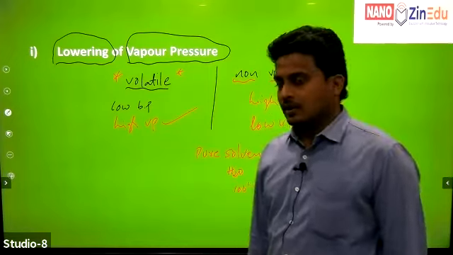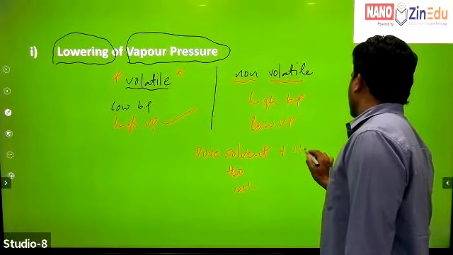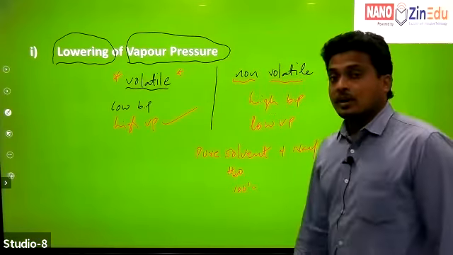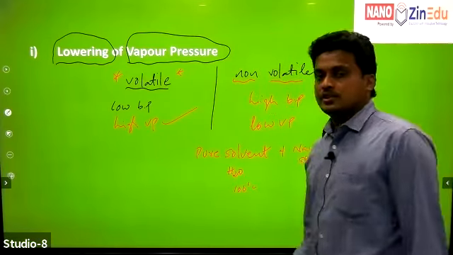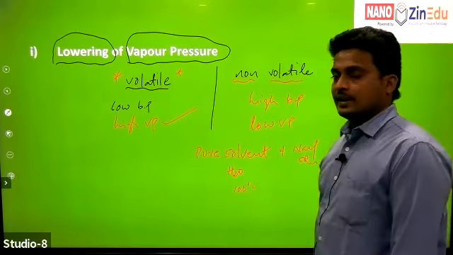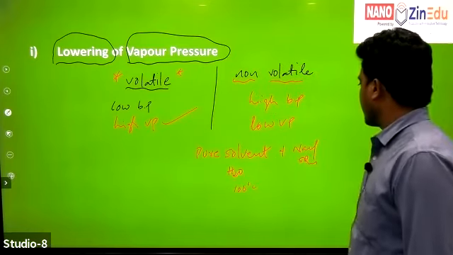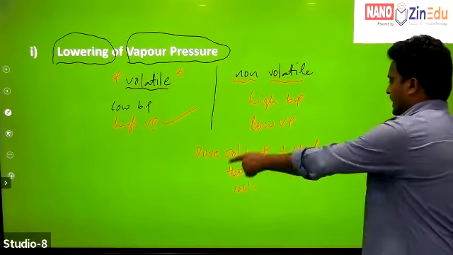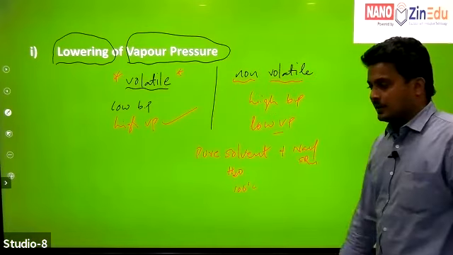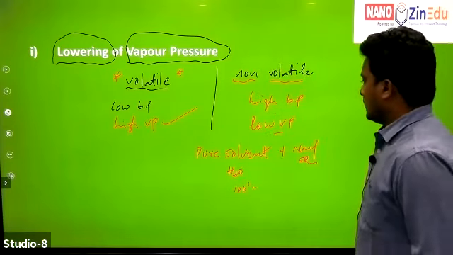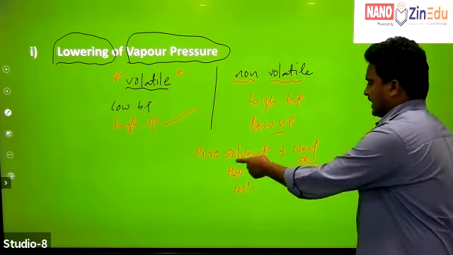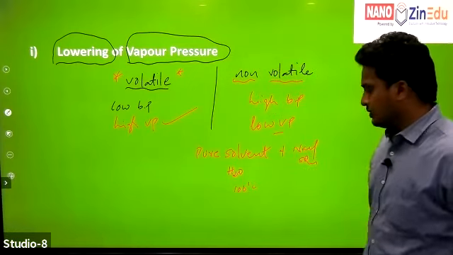To the water, now I am adding sodium chloride, NaCl. Sodium chloride acts as the solute. Which type of solute is it? Non-volatile solute. We are adding salt to the pure solvent, and then it forms a solution, right?